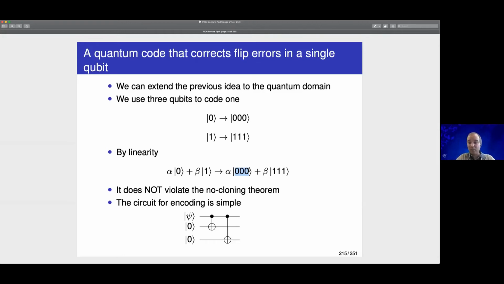The idea that, well, if we measure this encoded state, then we destroy the information that we have, because if we measure, for instance, the 3 qubits here, we are going to obtain either 0, 0, 0, or if there has been some error, 0, 0, 1 or whatever, but we obtain this result at the cost of losing the information about alpha and beta, okay? So this is not something that we want to do, because then we lose the information trying to check whether there has been an error.